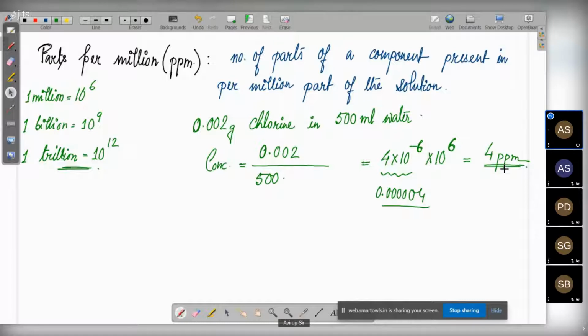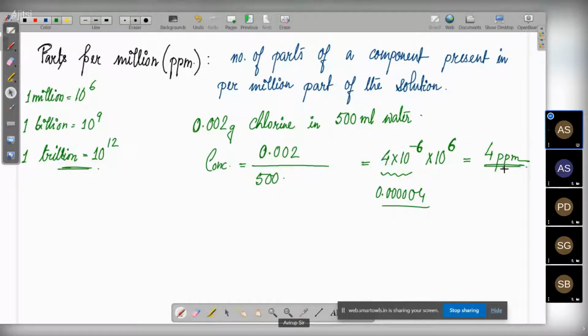In the newspapers, they express the different pollutants in the air in parts per million, because with respect to the air, which has a huge volume, the amount of pollutants present is a much smaller value. For example, SO2 is present in 36 parts per million, and nitrous oxide in 70 parts per million.